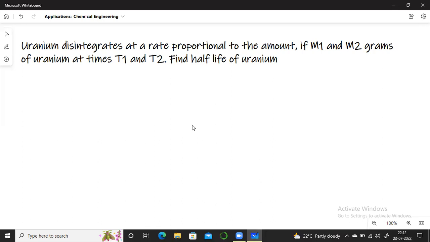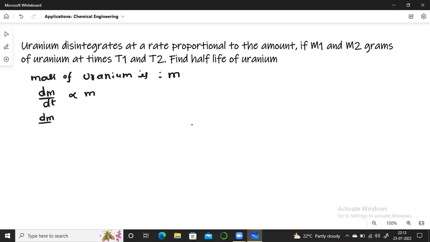So now the same theory concept that we have seen, I am applying. Let me take the mass of uranium as small m. Now we know the formula. The rate of change of mass, dm over dt, is directly proportional to m, as we saw in the beginning.